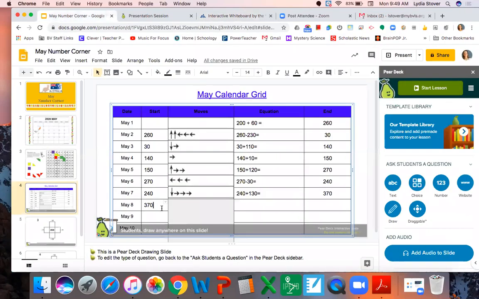Write the equation if you know it. 370 minus 100, 10, 20. What would that be?